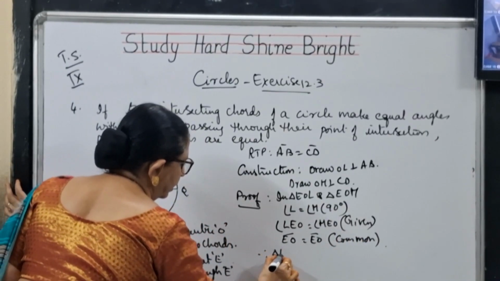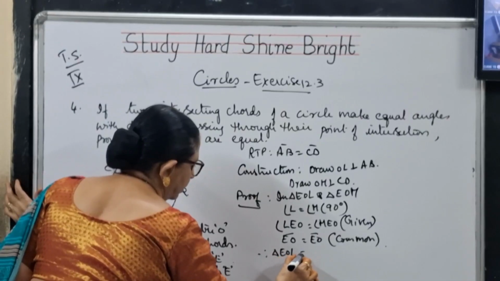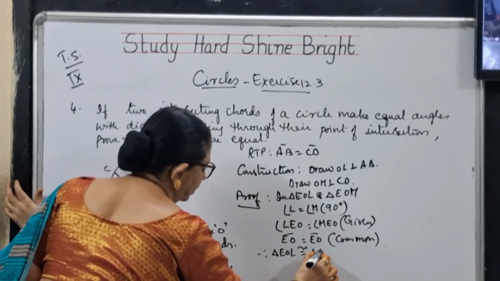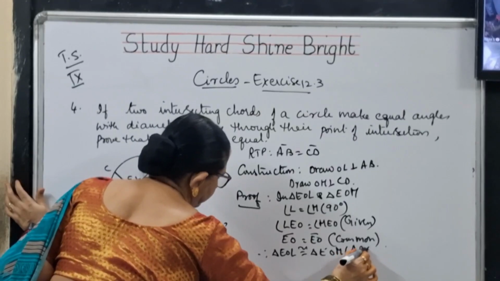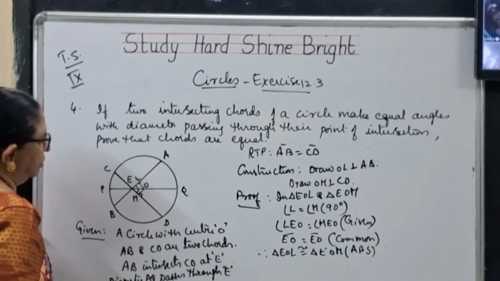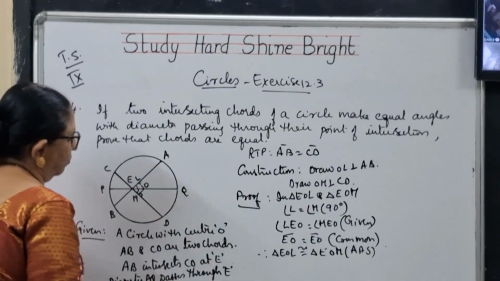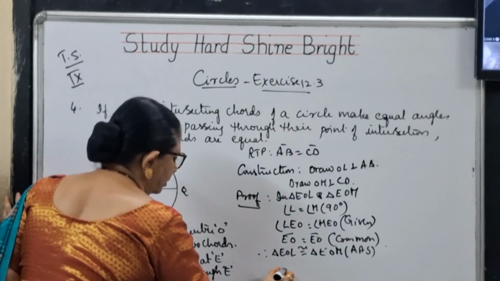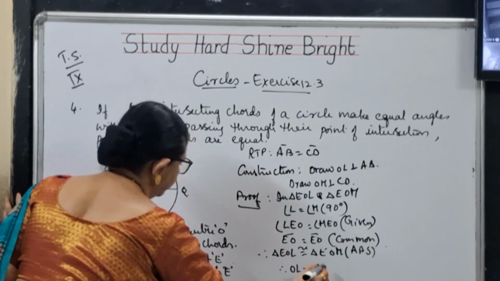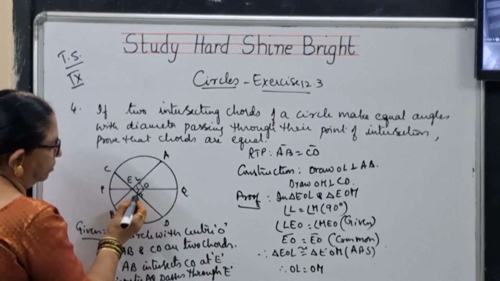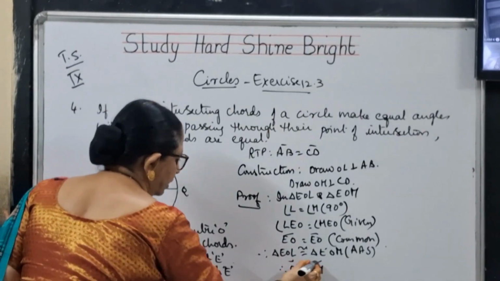Therefore, triangle EOL is congruent to triangle EOM basing on angle side property. We can say two triangles are congruent. When they are congruent, what can I say? OL is equal to OM. That means what?